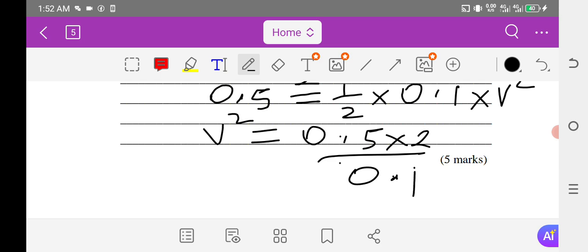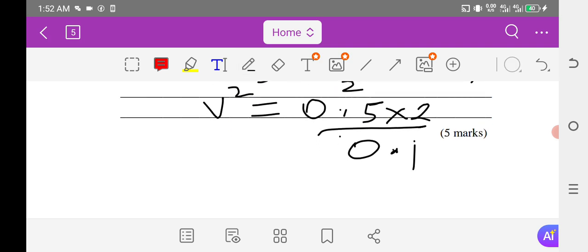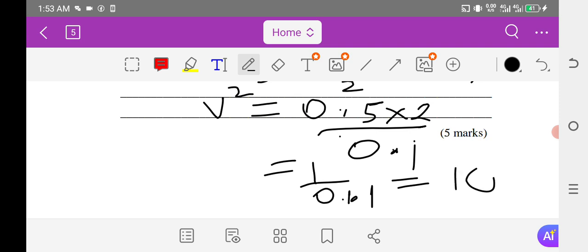That's making v squared the subject. Whether you use a calculator or otherwise, 0.5 times 2 is 1. Then you divide by 0.1. 1 divided by 0.1 is 10.